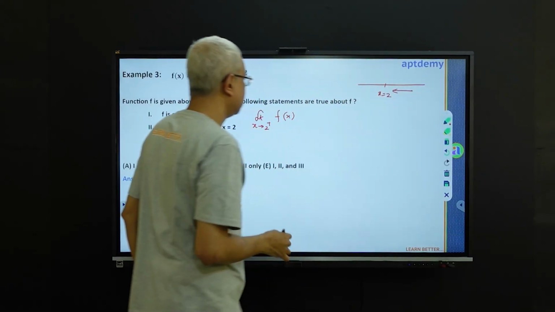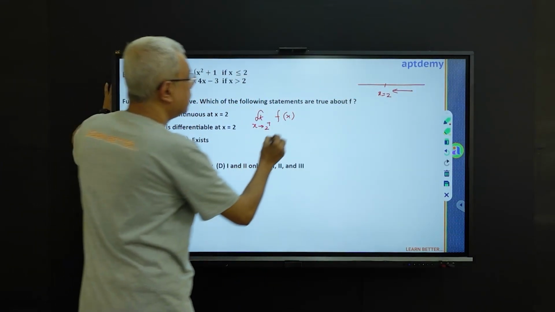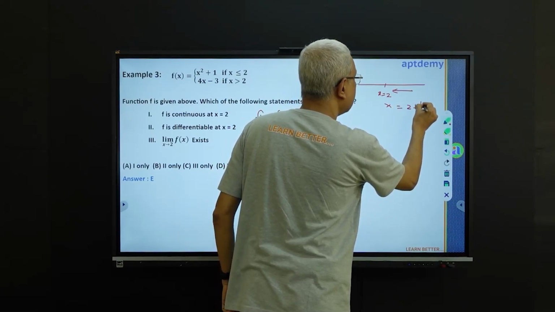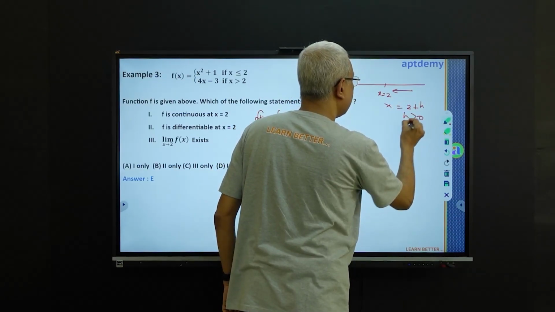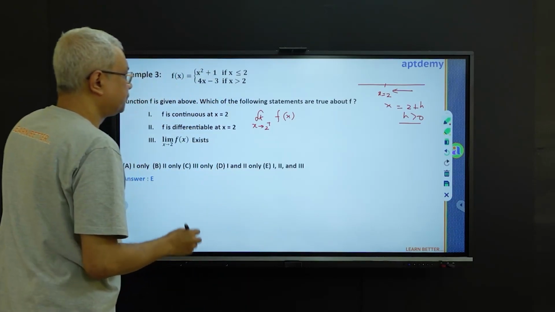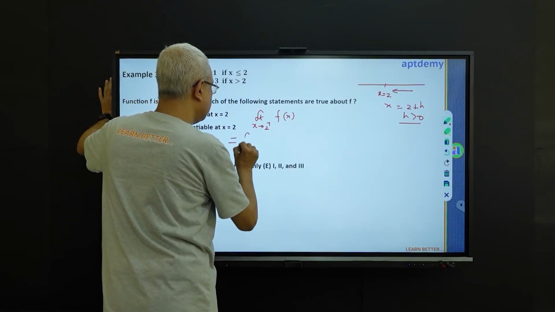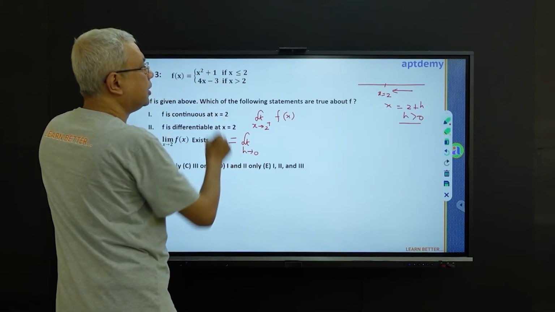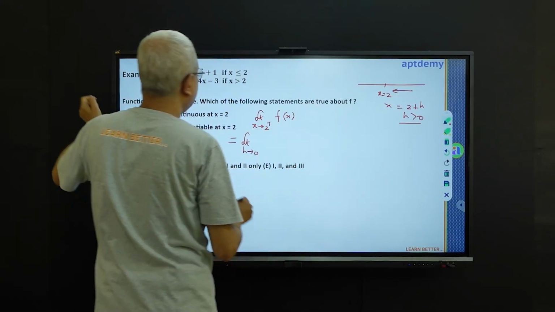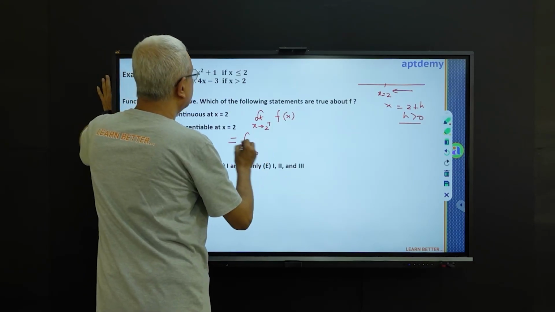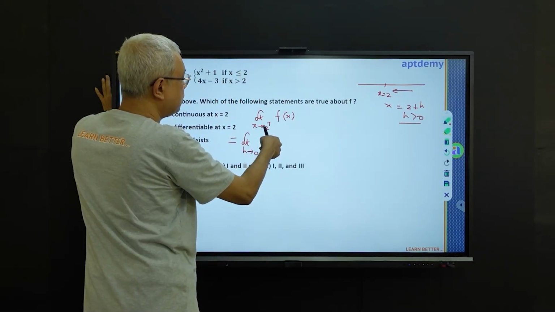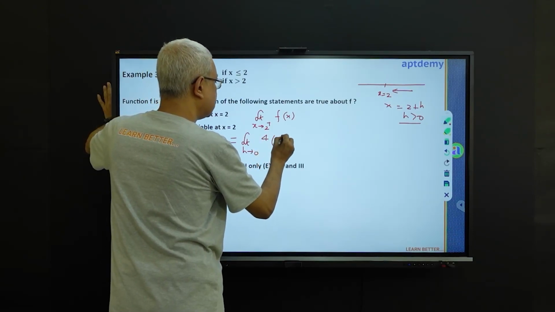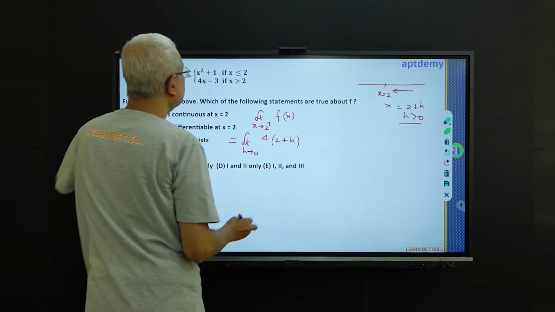We can write x equal to 2 plus h, where h is a positive quantity. So I can write limit h approaching 0, in place of x, 2 plus h. Since x is more than 2 in this case, it is 4 times (2 plus h) minus 3.